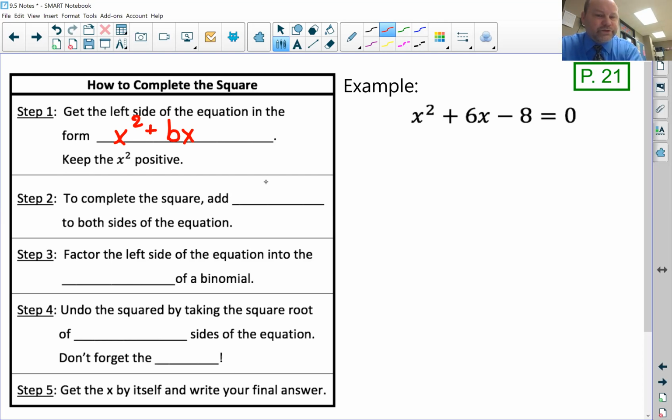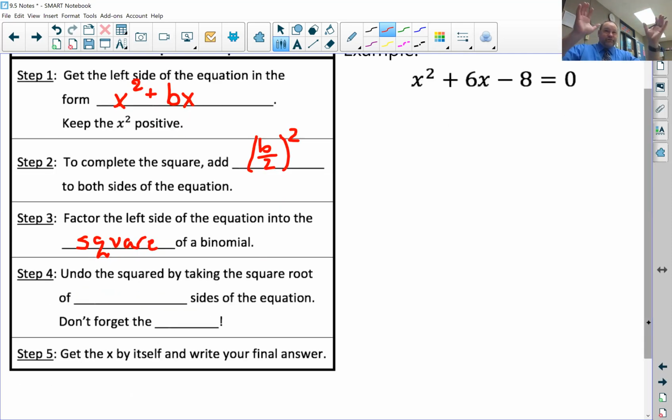Then we are going to add b divided by 2 squared to both sides of the equation. The left-hand side will factor into the square of a binomial. So we'll have x either plus or minus something squared equals a number.